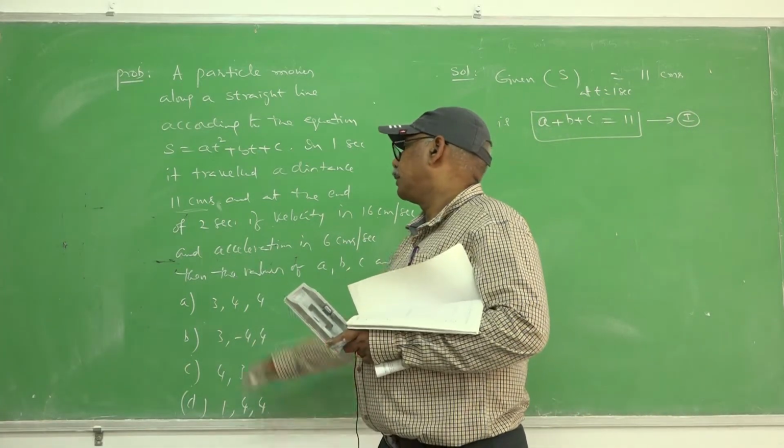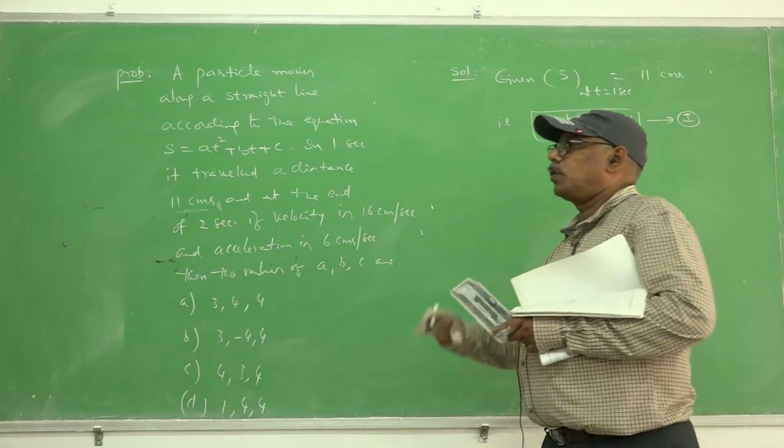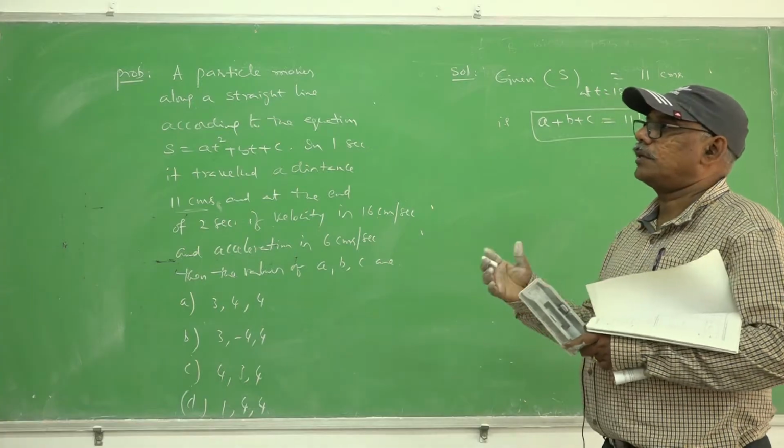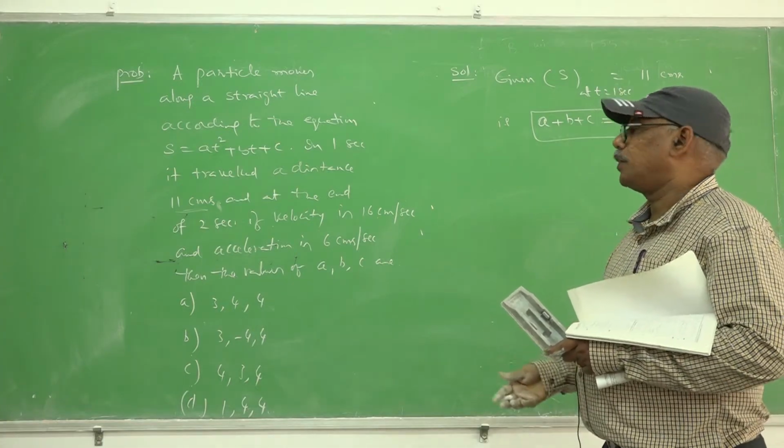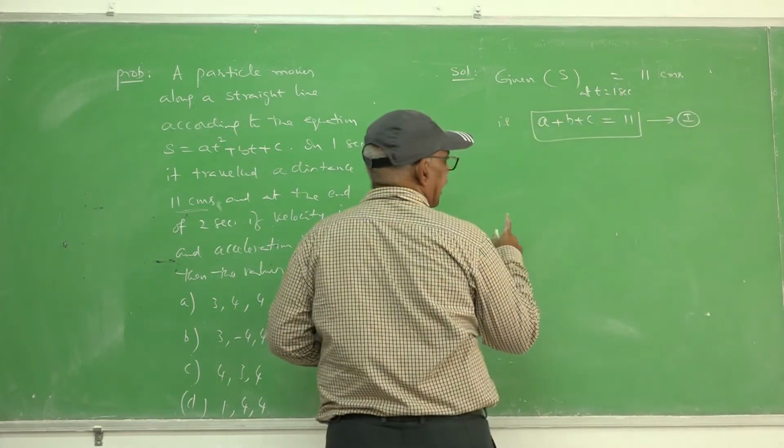This is one equation related to A plus B plus C, the first relation. Next, at the end of 2 seconds, it is observed that the velocity of the particle is 16 centimeters per second. Now we will calculate velocity.